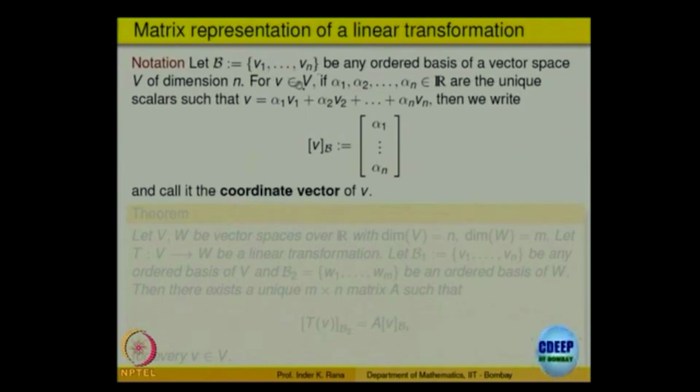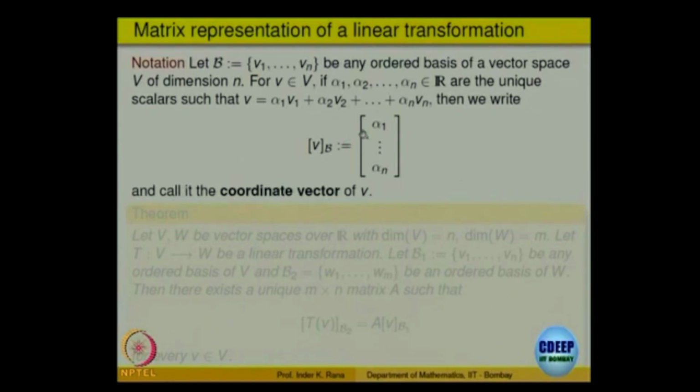For every vector V, you have unique scalars alpha 1, alpha 2, ..., alpha n such that this vector is a linear combination of the basis vectors. That is a basis. The order is fixed: alpha 1 is for V1, alpha 2 is for V2.